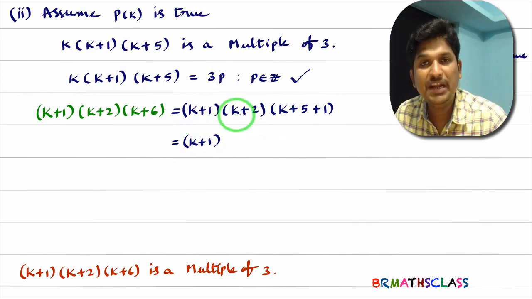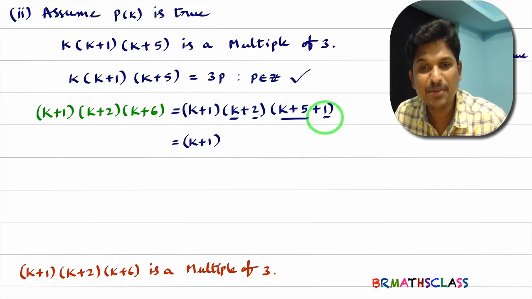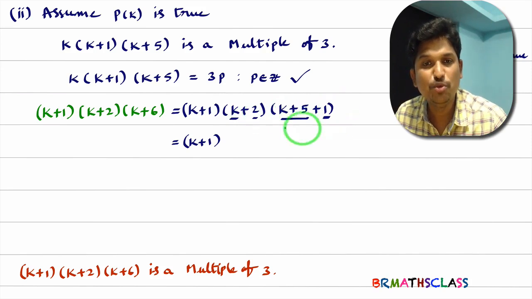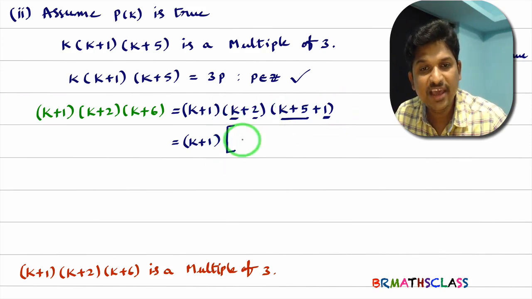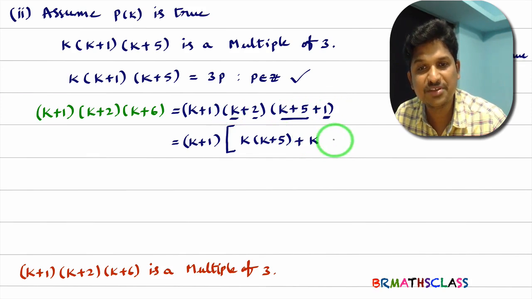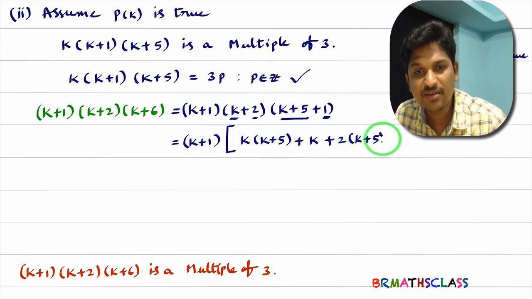Now I need to multiply these two terms. You consider like this: a plus b into c plus d. You multiply, what will you get? k into k plus 5 plus k into 1. With k I multiplied these two terms, plus with 2 you multiply these two terms. 2 into k plus 5 plus 2 into 1 is 2.